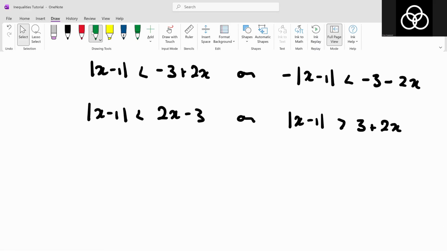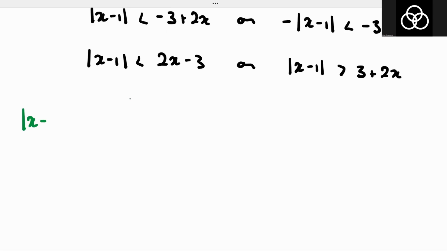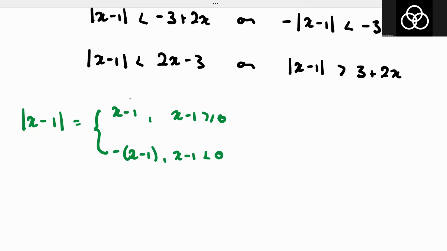Let's go back to our definition of this absolute value. So we have the absolute value of x minus 1 is x minus 1 when x minus 1 is greater than or equal to 0, and minus (x minus 1) when x minus 1 is less than 0. So this gives x is greater than or equal to 1, and this gives x is less than 1.